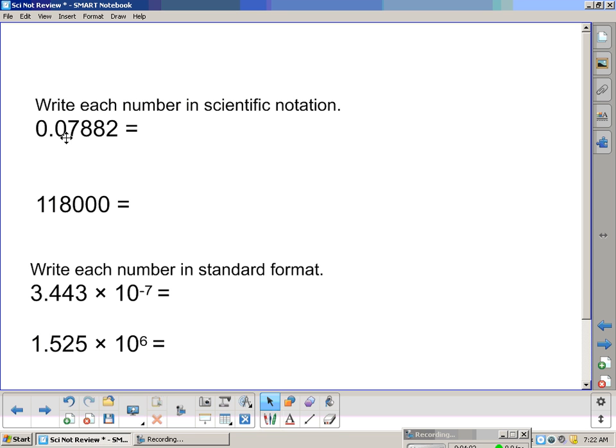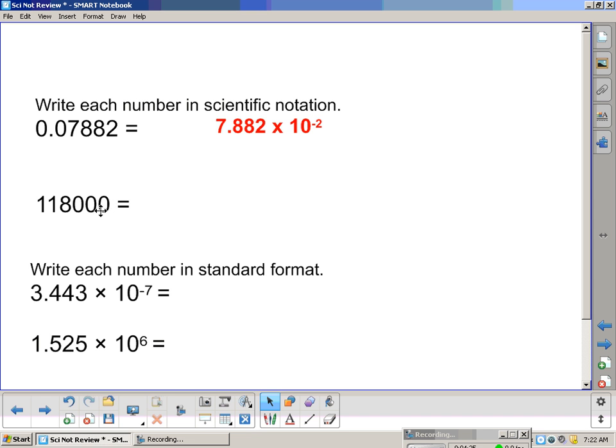So this first one here, we have a number smaller than 1, so we're going to move the decimal 1, 2 places to put it right behind the 7. So you should have 7.882 times 10 to the, you moved it 2 places to the right, so it's negative. And there's your answer. And this next one, we need our decimal. It starts right here.